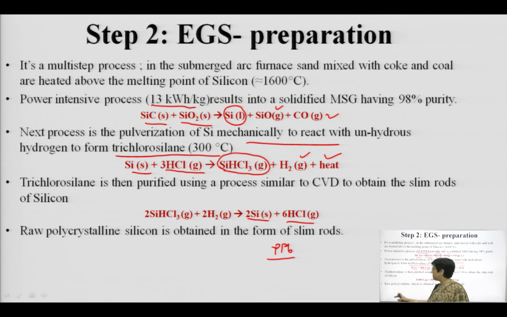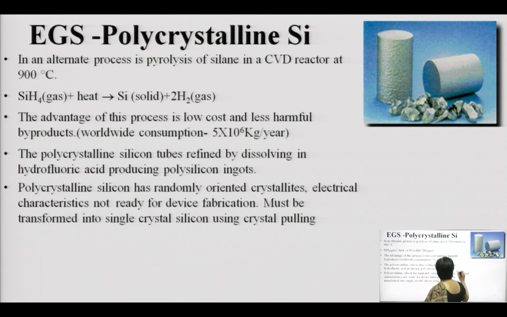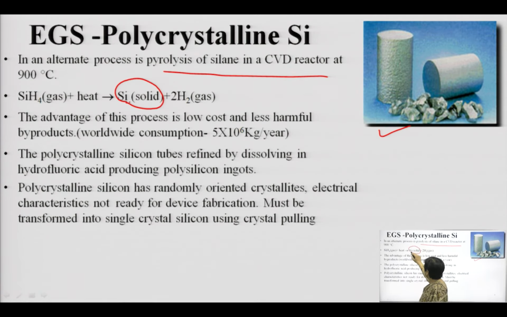Another property of this raw polycrystalline silicon which we obtain is that it is a polycrystalline material in the form of rods. Now, this is the structure in which this material is available. There is another process also: from trichlorosilane we can have pyrolysis carried out at 900 degrees centigrade, and we can obtain this same polycrystalline silicon, which is in the form of rods.